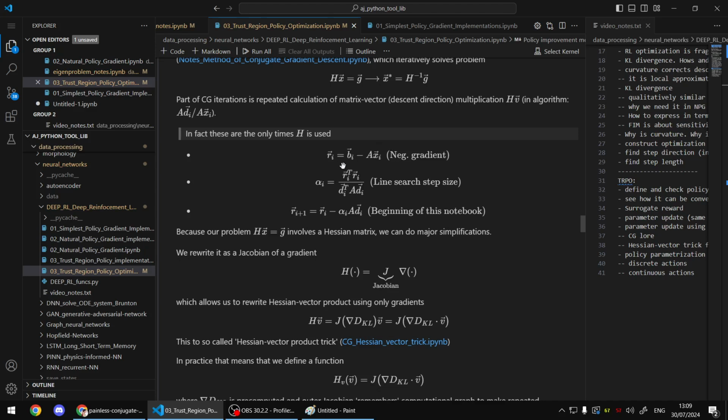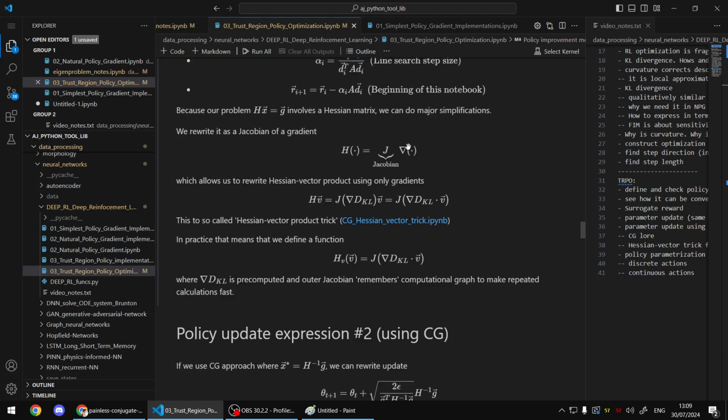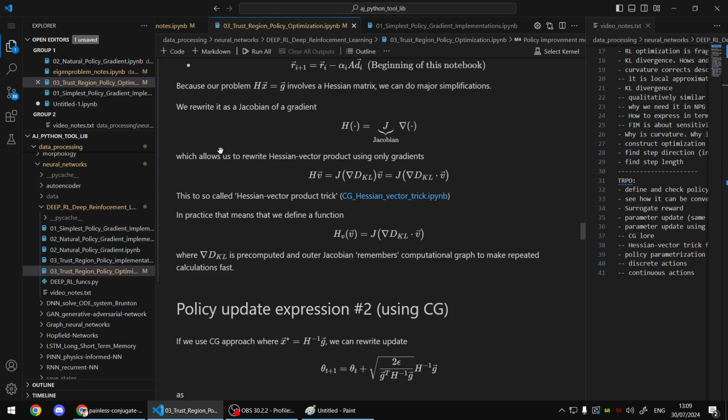That's why I wanted to show you that there is a particular step where this A, our Hessian, is multiplied by some kind of vector. And the idea is such that we can decompose the Hessian. We have seen it in the last video. We can decompose it, in a sense, as a Jacobian of a gradient. Maybe you can view it as an outer product of two gradients. And then we observed such an expression.